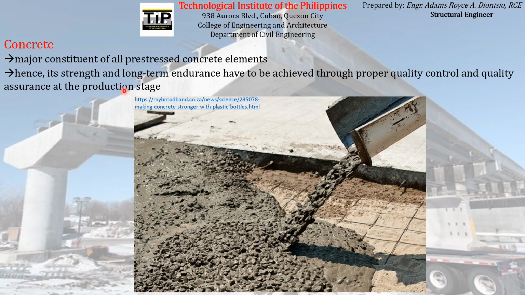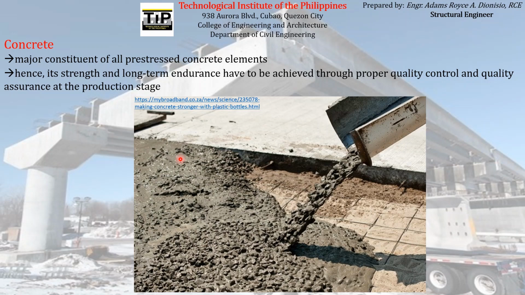Since concrete is one of the most important parts of a pre-stressed concrete element, we must ensure that it will have strength and endurance. And how can we achieve that strength and endurance? We have to be strict on ensuring that there will be proper quality control and proper quality assurance at the production stage of concrete.